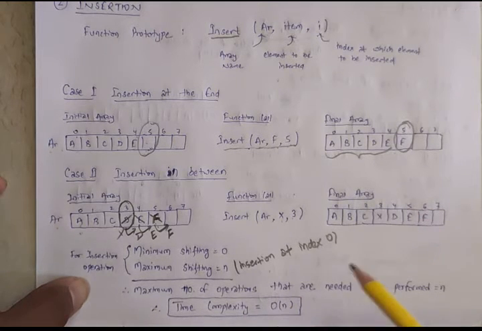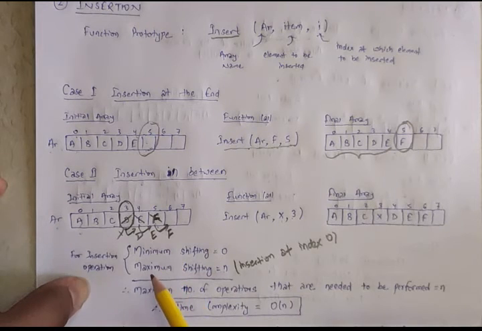Previously we talked about the traversal algorithm. There the program executed exactly once, so it was theta. But here we are talking about the maximum number of operations. So the time complexity is not exactly once, it is the maximum number of operations. So the time complexity is order of n.